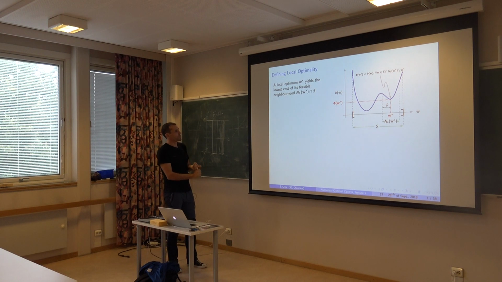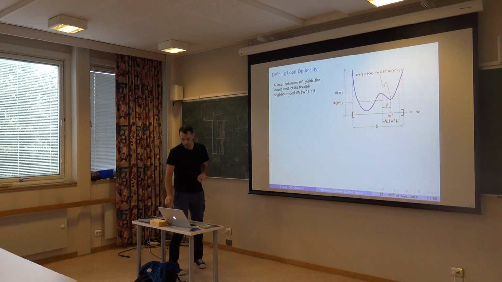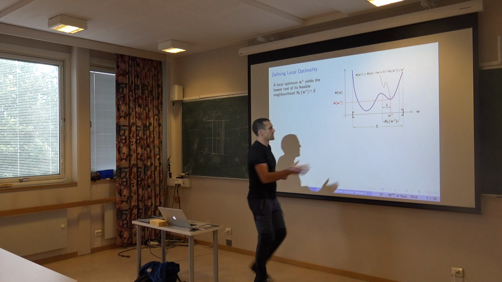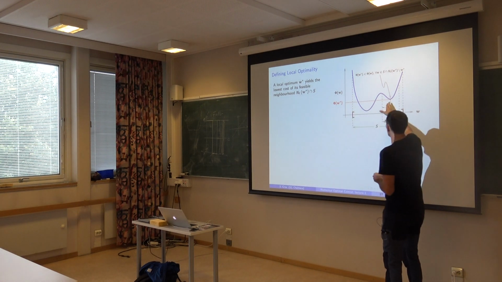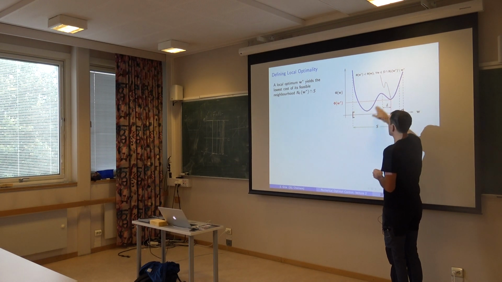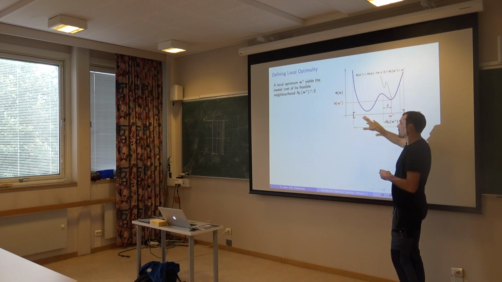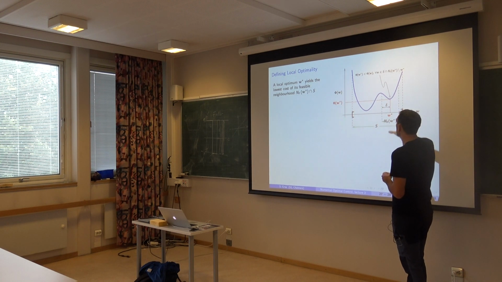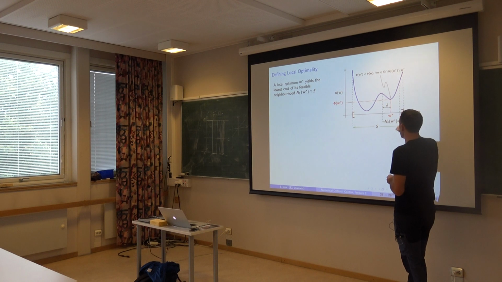So I briefly talked about the notion of local optimality. Essentially this picture is summarizing everything. You have local minima here, and you can formally pin a definition on that.